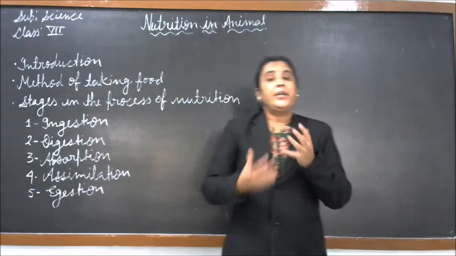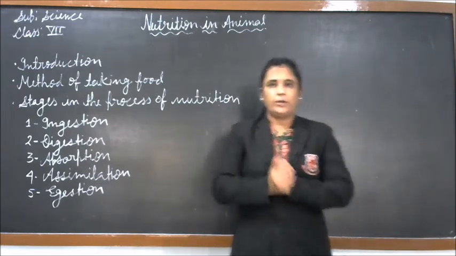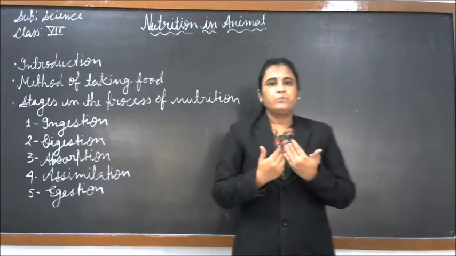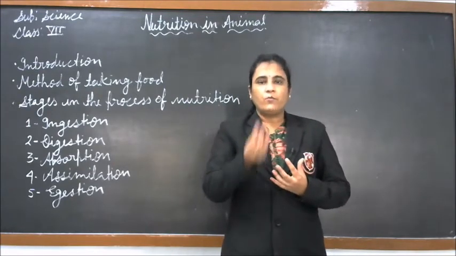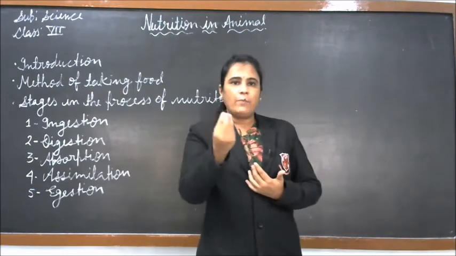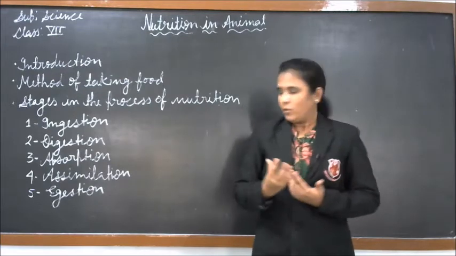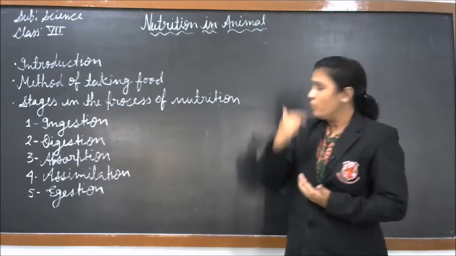Ingestion means taking food inside the body. We human beings put food inside our mouth with the help of our hand. So simply, ingestion means taking food inside our body.